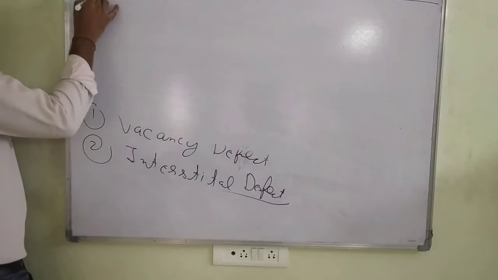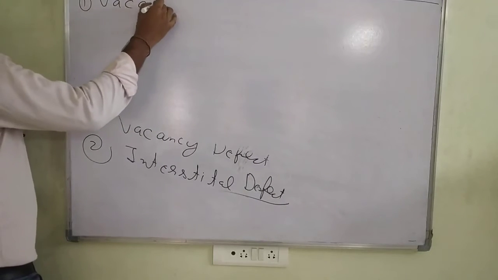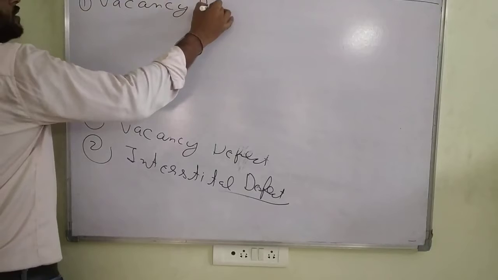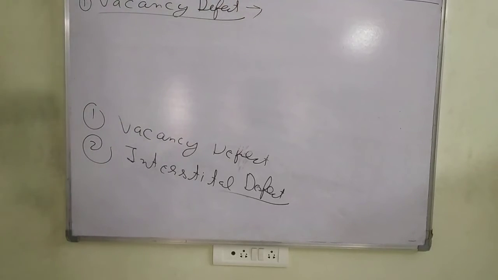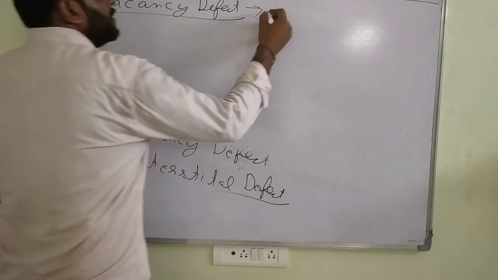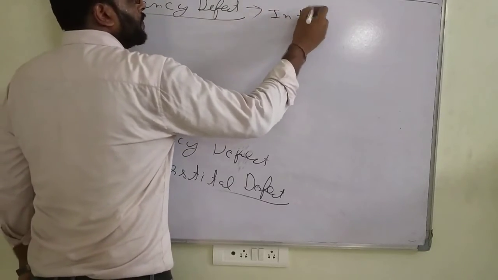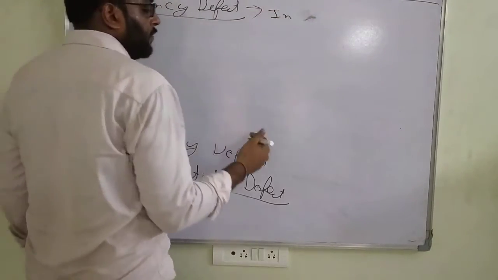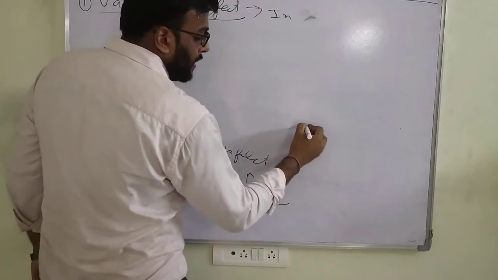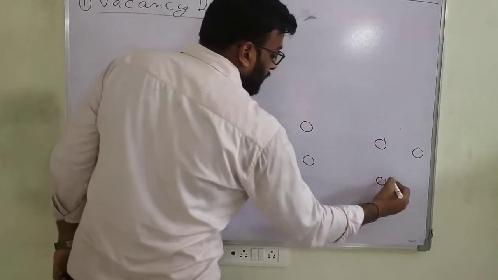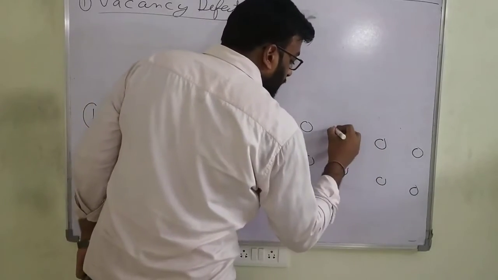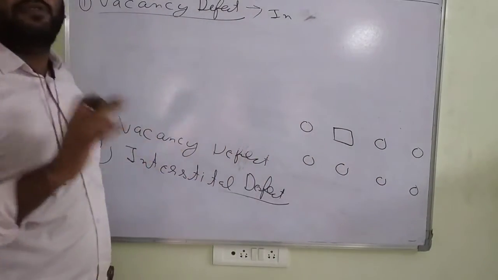What is vacancy defect? In this, there is a diagram also. Suppose I am first of all explaining the diagram. Atoms are arranged like this, and one particle is absent.